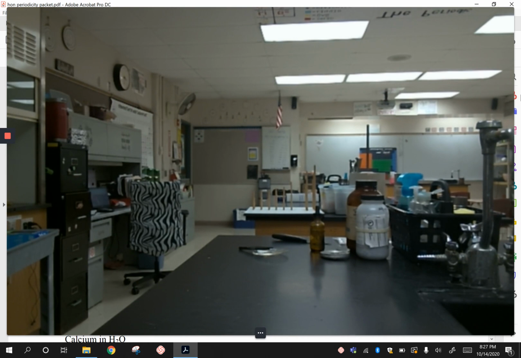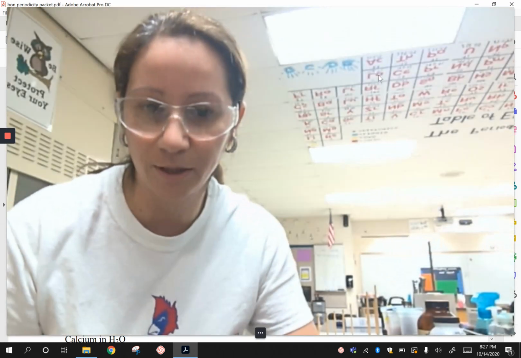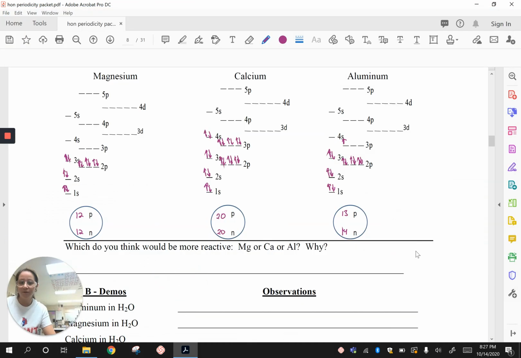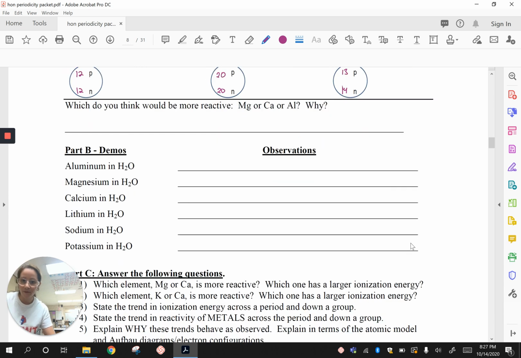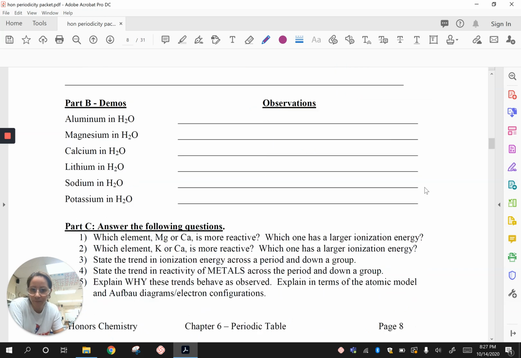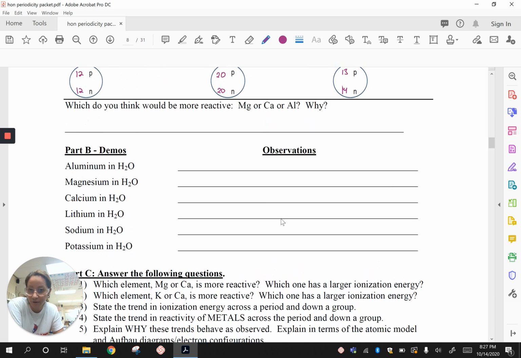So let's go back to our notes here and see if we can explain what the trends are and why they are the way that they are. So let's answer these questions here. It's asking us which element, magnesium or calcium, is more reactive.